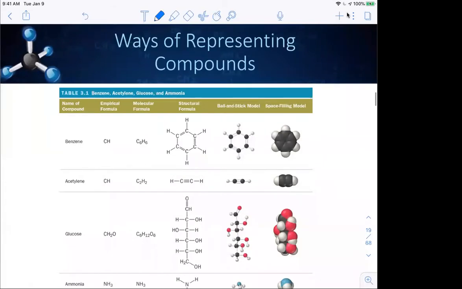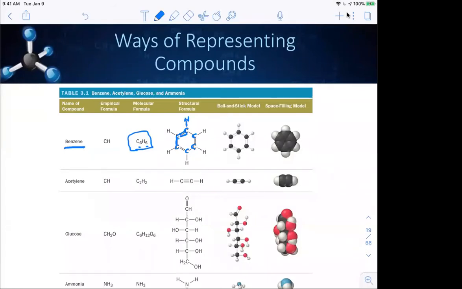So here's a chart from our book that gives you the various ways of representing compounds and some examples. For example, the molecule benzene. This is the molecular formula, C6H6. I have six carbons bonded together in a ring. I have double and single bonds in that ring. And then I have another hydrogen connected to each one of those carbons. Now, I have a greatest common factor of 6.